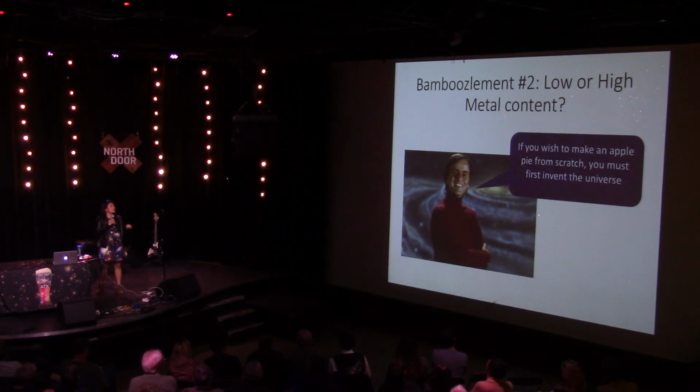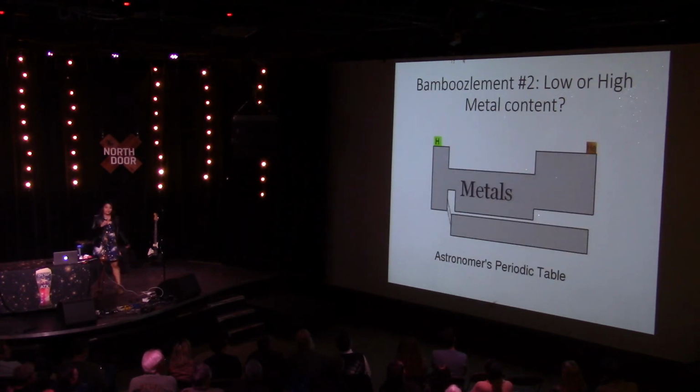Because when the universe was first created, most of it was hydrogen. And then the next one that it's made up of is helium, and there's some trace elements of lithium and whatever. And the rest of it we call metals because we're astronomers. And an apple pie is made of metals.